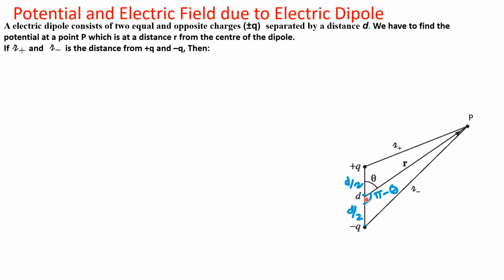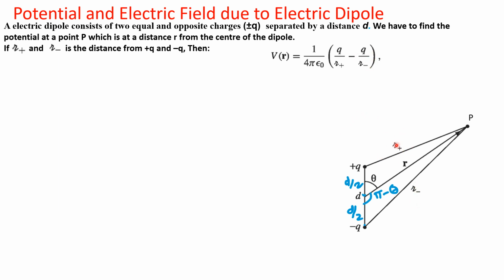If this angle is theta, then this lower angle will be pi minus theta, or 180 minus theta. The distance from plus q is r plus, and r minus is the distance from minus q to this point P where we have to find the potential. The potential due to this is 1 upon 4 pi epsilon naught times q by r plus minus q by r minus.